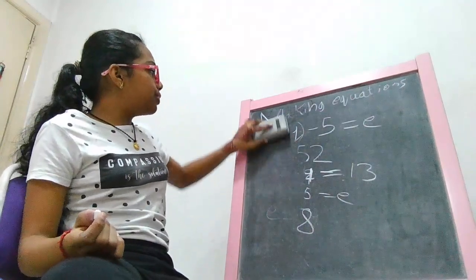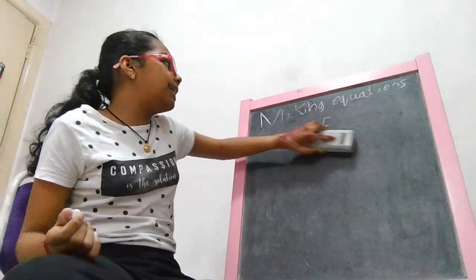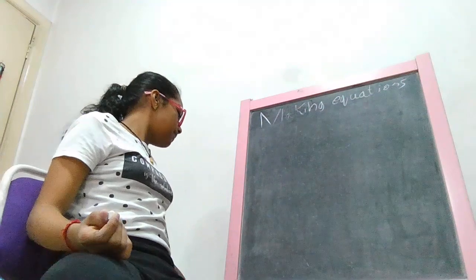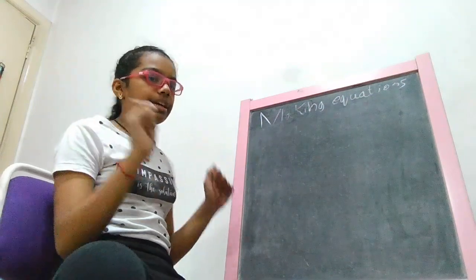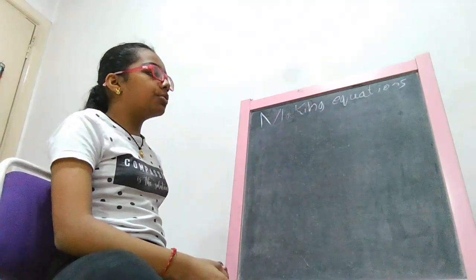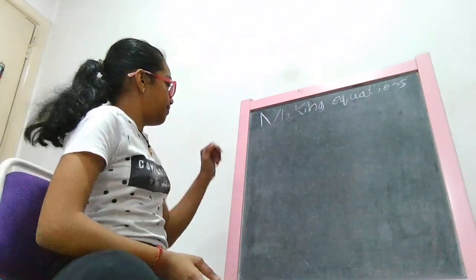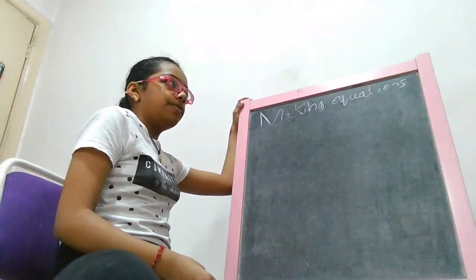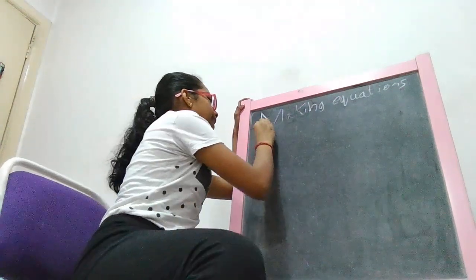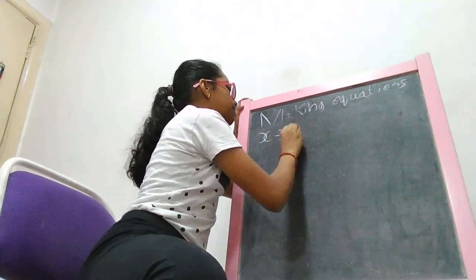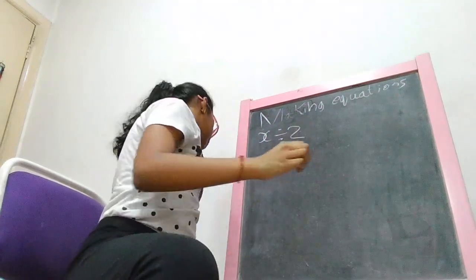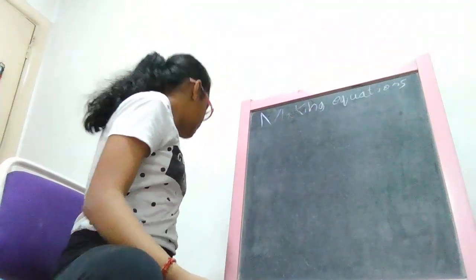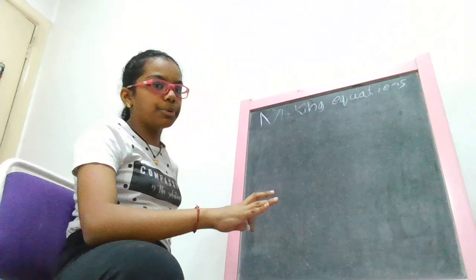Okay, now I'm going to give you not a word problem exactly, but without any real life situations. This will require you to use the keywords. I will need you to write this down as an equation.